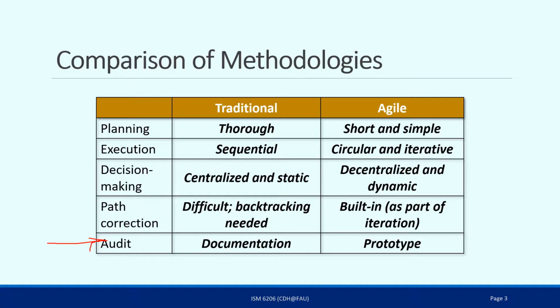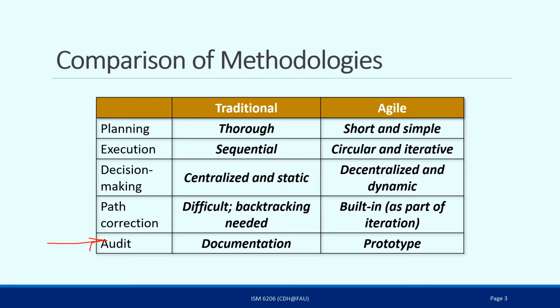A traditional approach like SDLC gives very good documentation throughout the whole process. With an agile approach, usually you don't see that. Whether it's with prototyping or with sprints, the documentation can be a little iterative, a little sparse.